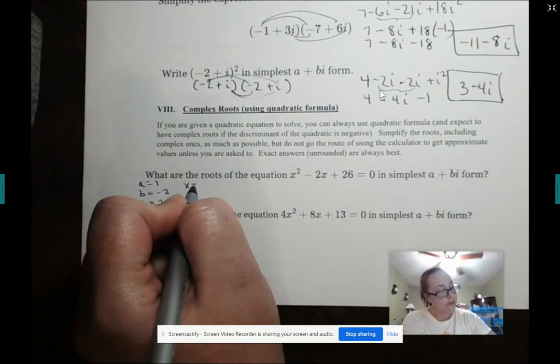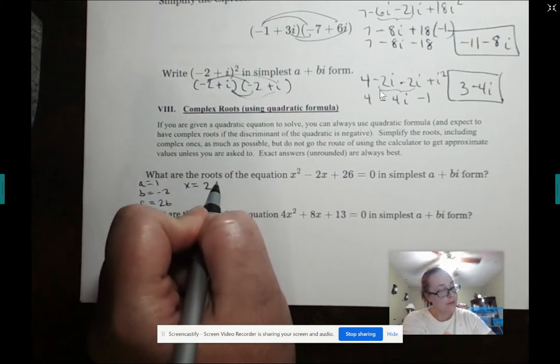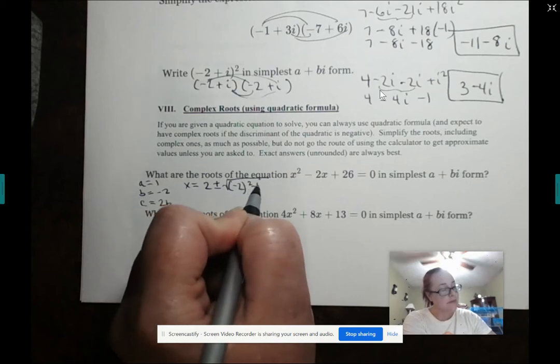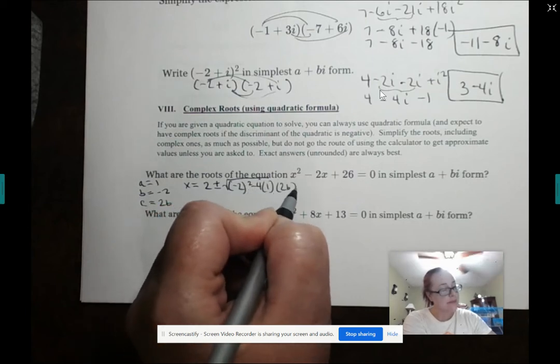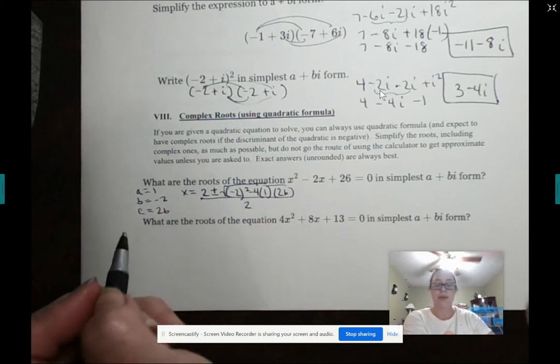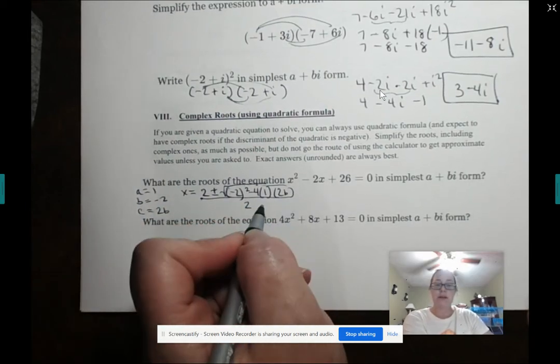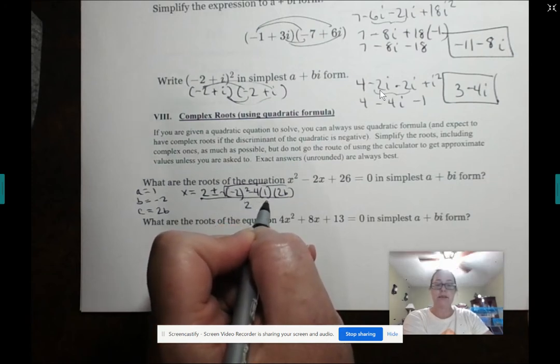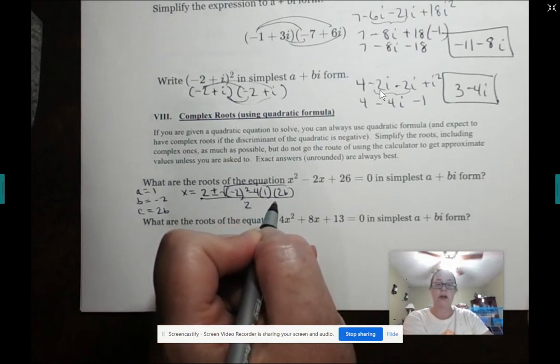So using the quadratic formula, I'll do negative b plus or minus the square root of b squared minus 4 times a times c, all over 2 times a, which would just be 2. So if I work on the discriminant, I get 4 minus, this ends up being 104.